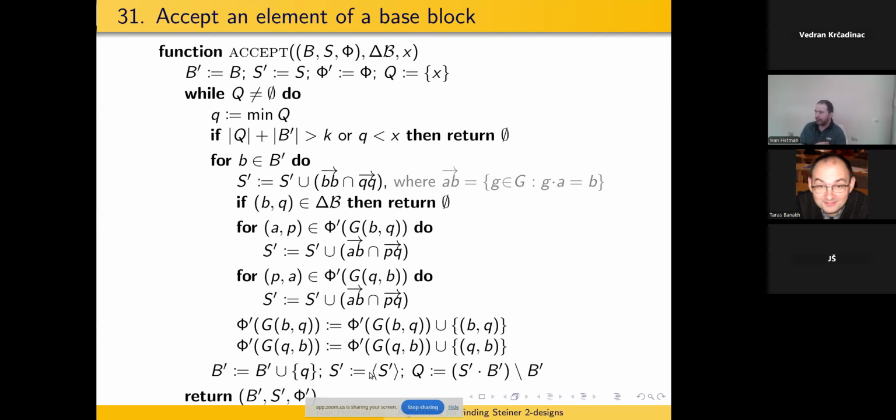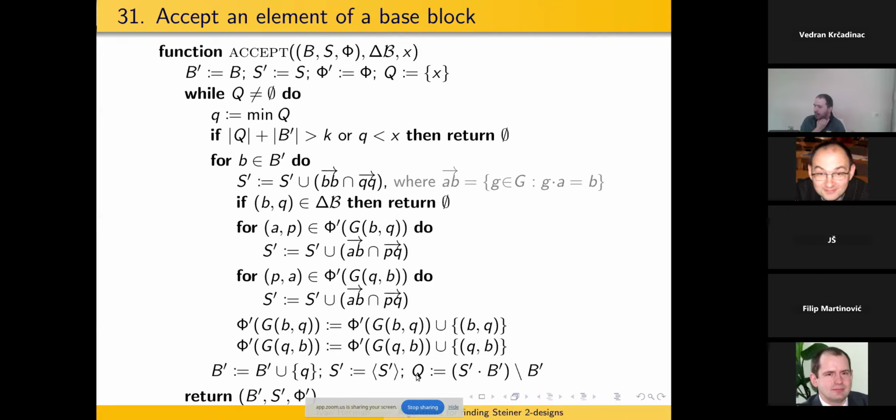We close the stabilizer by the group operation, and we extend the Q with the left action of the stabilizer on the block B prime without this block B prime, because we already added the Qs from this B prime. And we are doing this until Q is empty. And in the end, we return the updated state. So as you can see, it is pretty complicated.